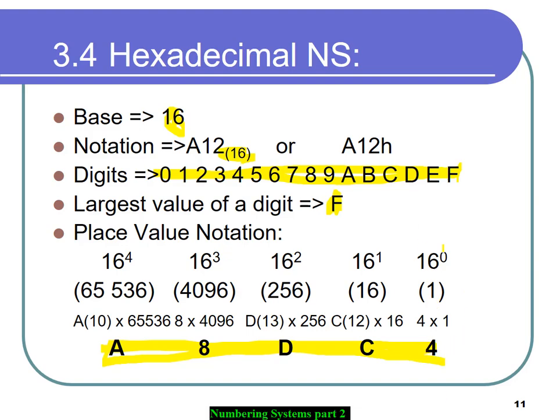We look at your place value, which is 16 to the power of 0, 16 to the power of 1, 16 to the power of 2, 16 to the power of 3, 16 to the power of 4, because you're dealing with 1, 2, 3, 4, 5 digits. But if you use this 12A, 812 as an example, the A would be placed here, and the 1 and the 2 would be there, right?